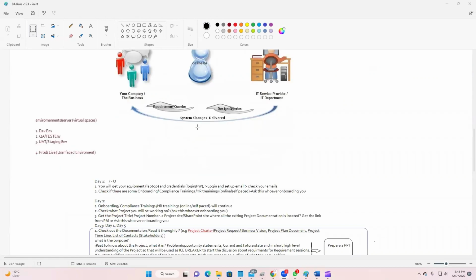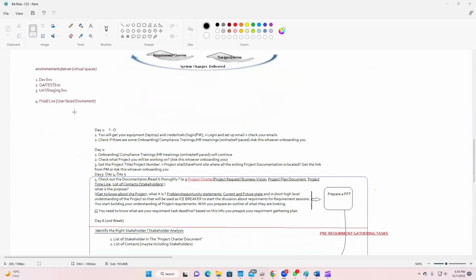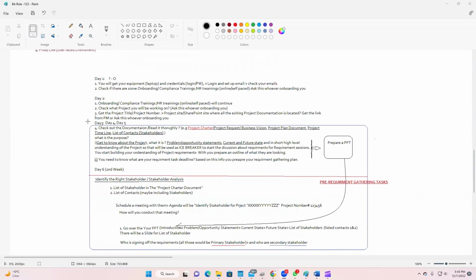Then we discussed what you do as a BA on day one, day two, day three, day four, five in the first 2 weeks, and mainly what you have to do before the requirement gathering sessions start.